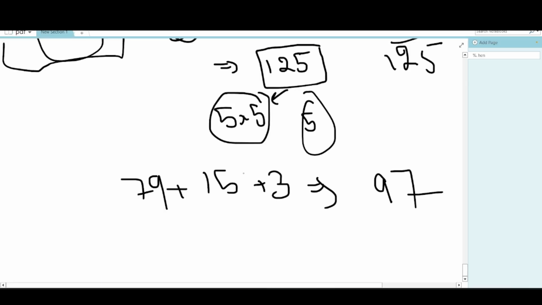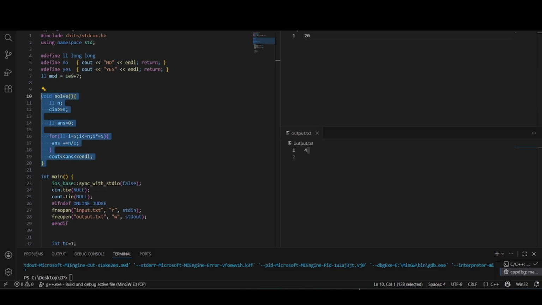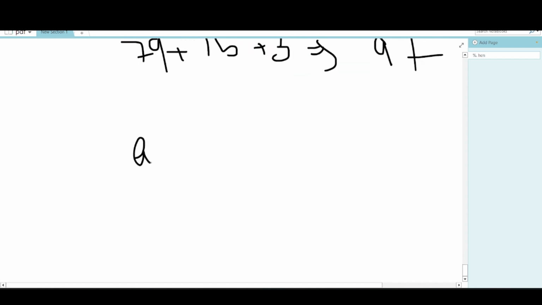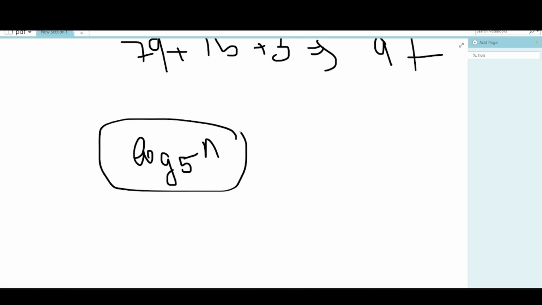So the space complexity will be O of 1, since we are using only a variable to store the answer, and the time complexity is about log n to the base 5.